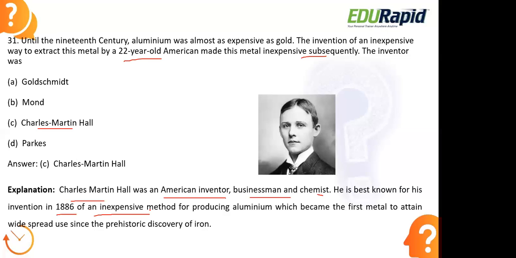During those days, aluminium was equally expensive as gold. Extracting gold from the ore is again difficult, right? It is not easy. So even aluminium was equally costly. Later, this American scientist finally found a way of extracting aluminium easily without spending much.